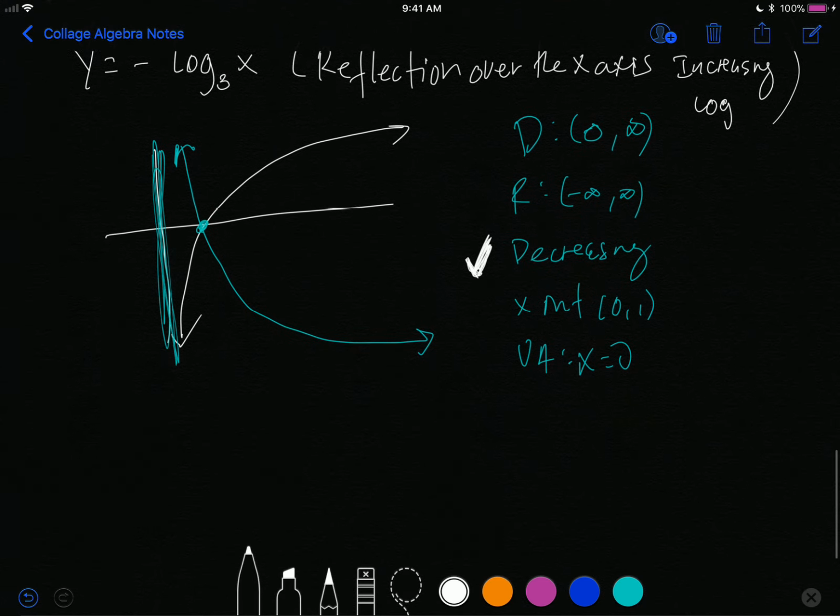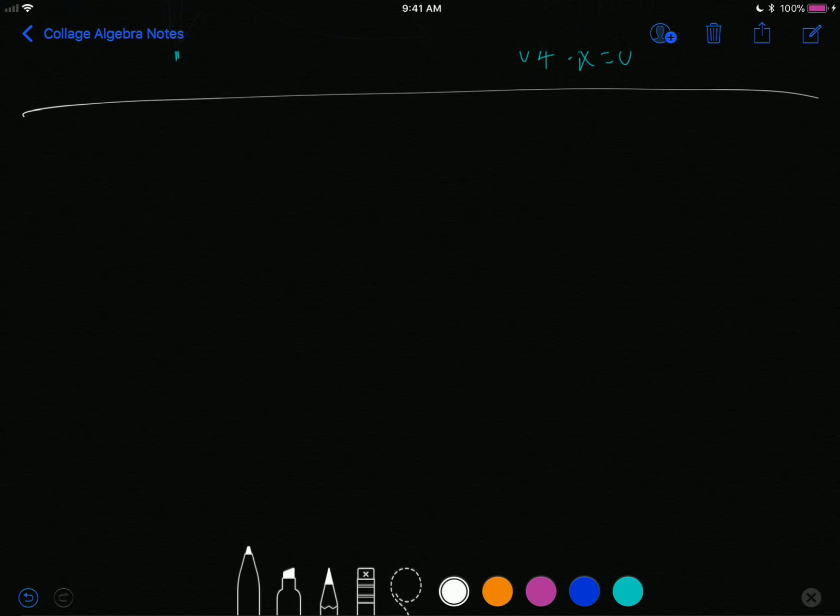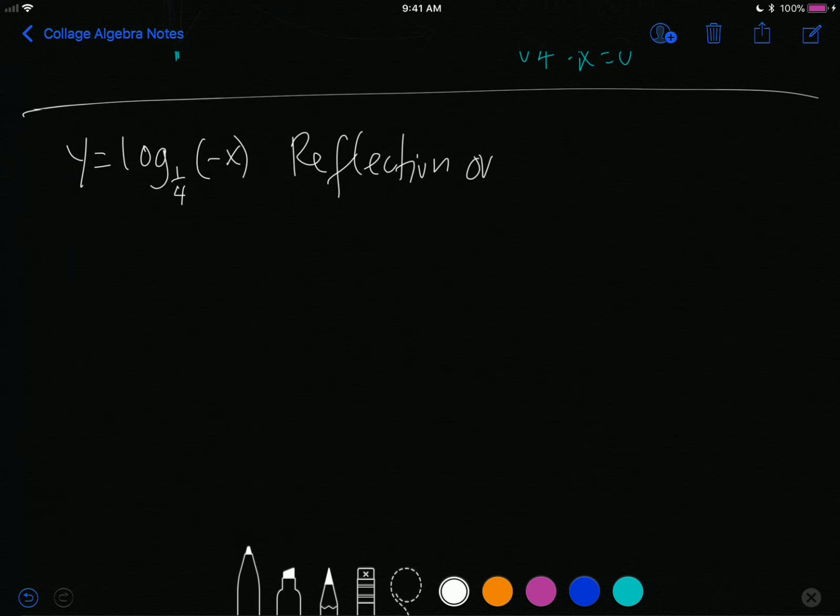The last kind of change we can have in our graph is if we have something like this, y is equal to log base, let's go with a fractional base, let's go with 1/4 of negative x. This is a reflection over the y-axis of the decreasing log.